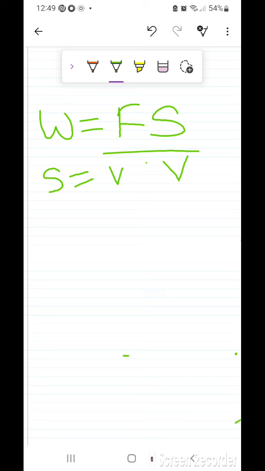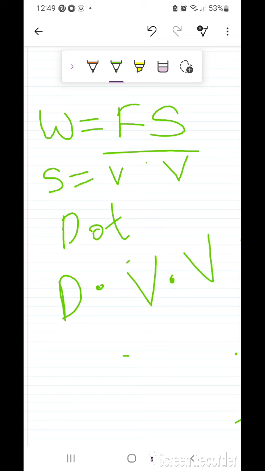Now how work done is a scalar quantity? When we are multiplying two vectors, but still we are getting a scalar quantity. How is it? It is because this is a dot product. What is a dot product here? When two vector quantities get multiplied each other, it is a dot product. Dot, like this. So whenever there is a dot product, the answer is scalar.